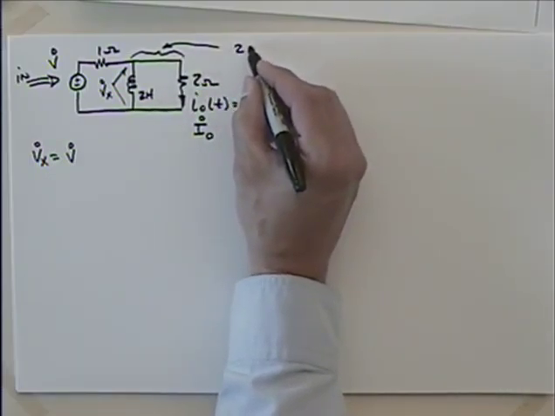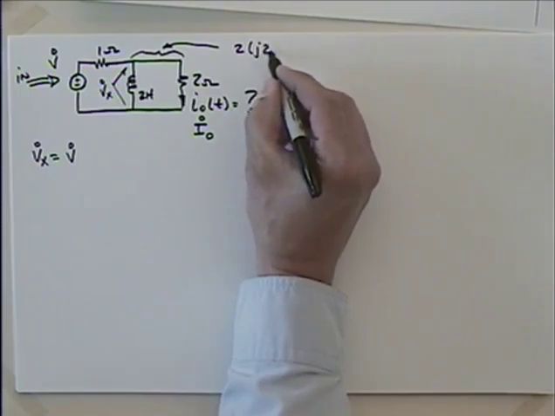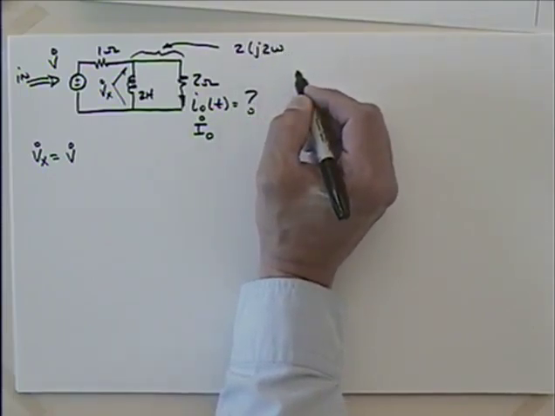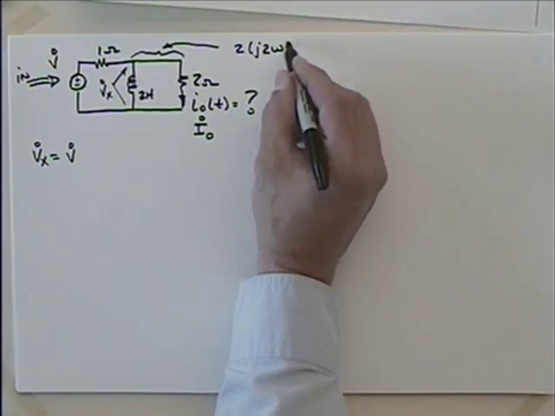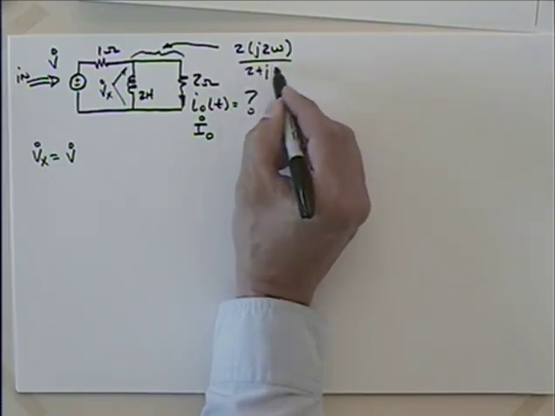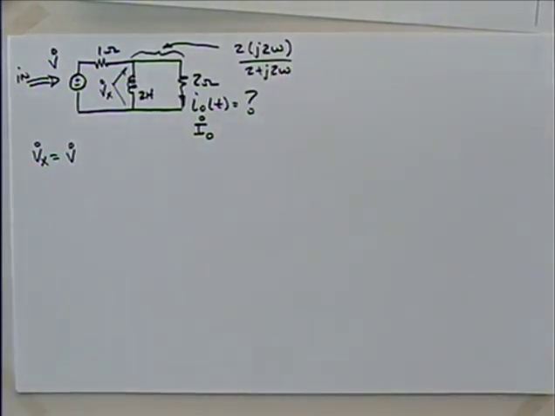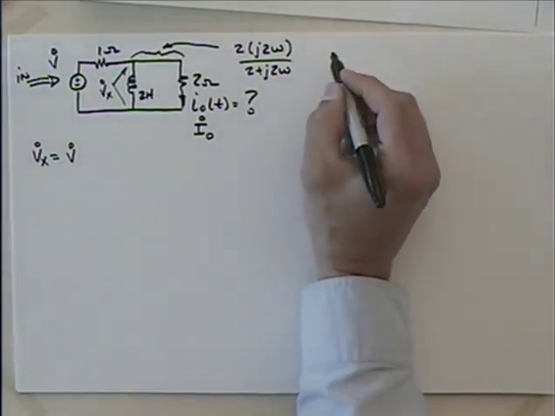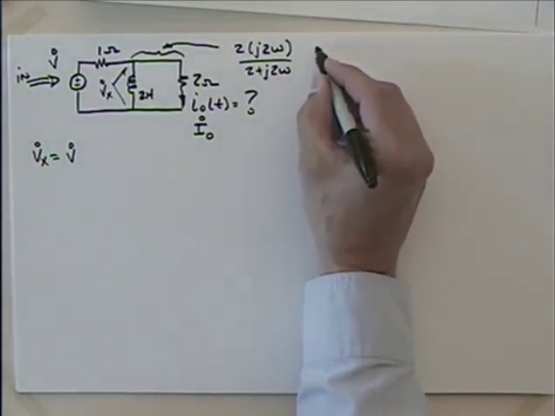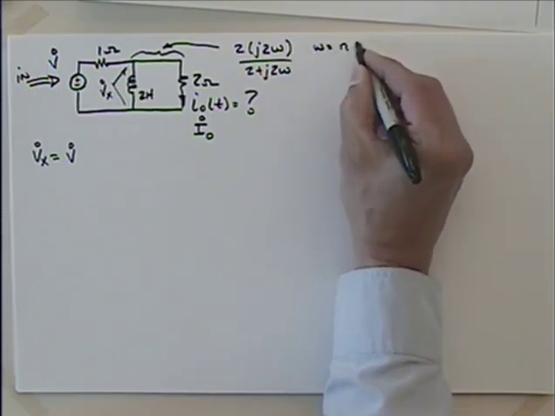So 2 times j2 omega, divided by the sum, which is 2 plus j2 omega. Then I said that omega is equal to n times omega naught.